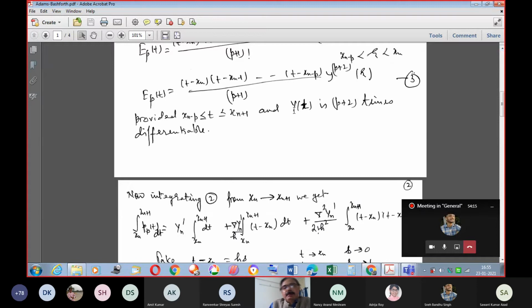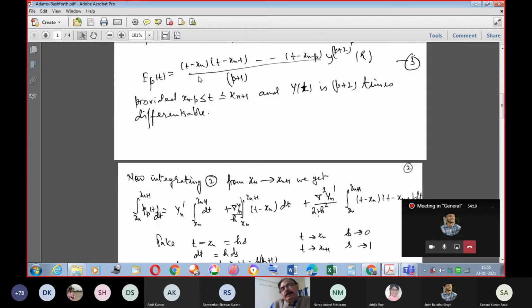Oh, that next part wasn't there. So, okay, error term I will see separately. I will explain that. I don't know whether it is possible today, but at least next time it will be possible. So this will be for p equal to 1.